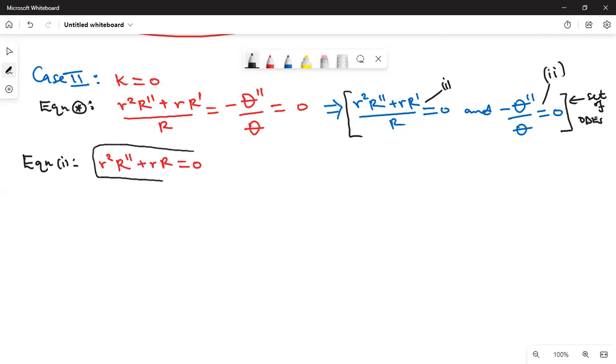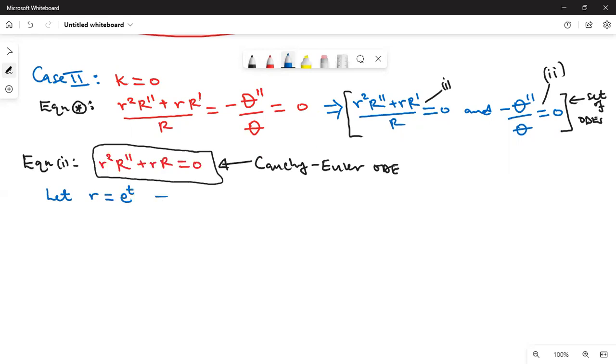You need to convert it to an ODE with constant coefficients. So our substitution is: let r be equal to exponential t.